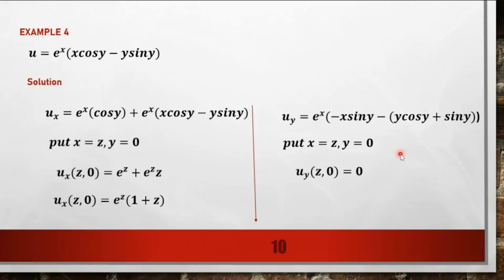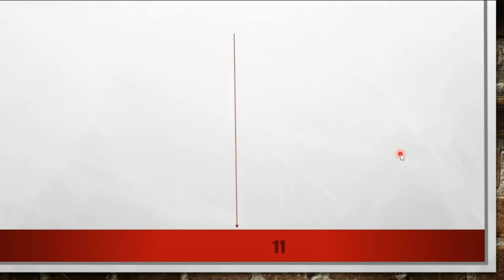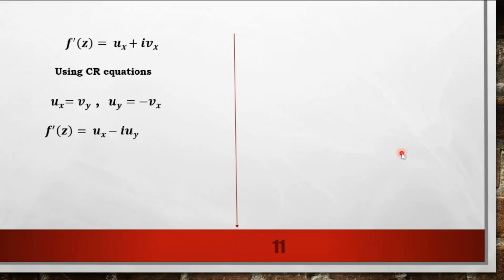नेक्स्ट हमें निकालना है f dash of z. So as in the previous problems, f dash of z is ux plus ivx. Using the CR equation, it becomes ux minus iuy.